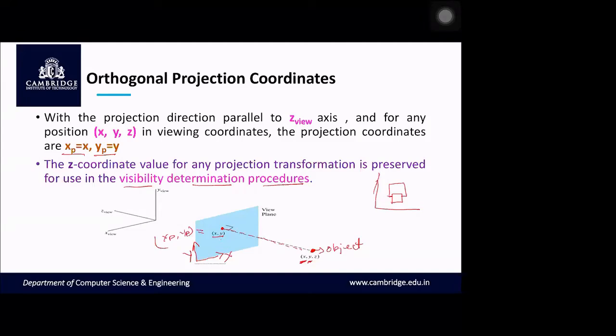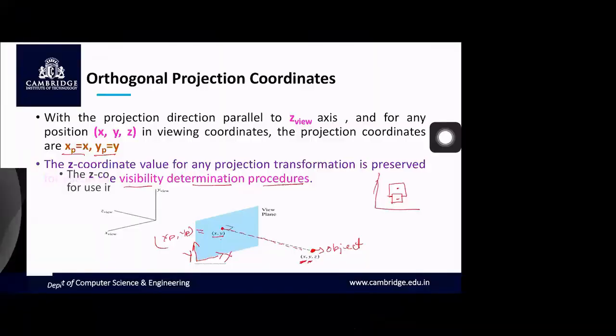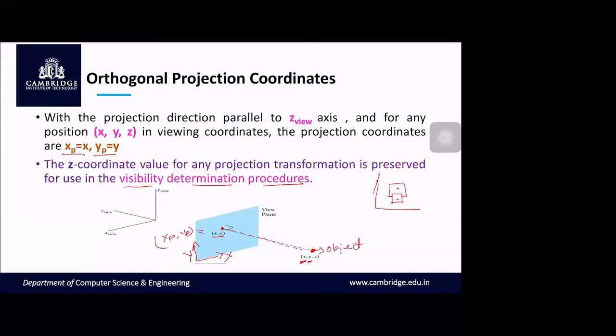I have to write an algorithm to decide whether this object should be in front or that object should be in front. I will decide that based on the Z value. That will be the visibility determination procedure.